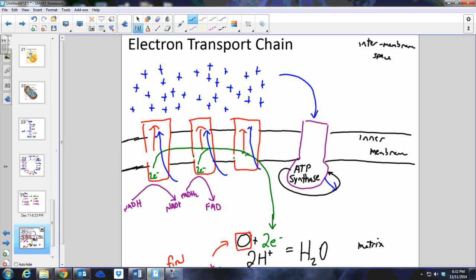And remember that spinning motion causes mechanical energy, and that mechanical energy is used to create an ATP from an ADP. For every 1 proton that is pumped across the membrane, 1 ATP is made. And so NADH, which pumps 3 protons across the membrane, is responsible for making 3 ATPs. FADH2, which pumps 2 protons across the membrane, is responsible for making 2 ATPs.